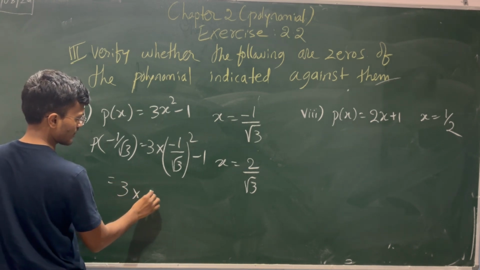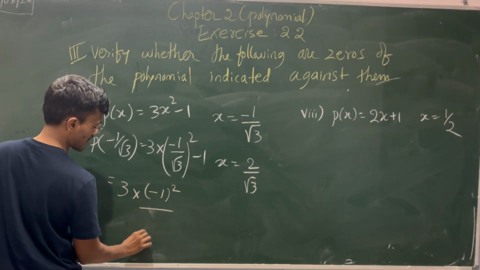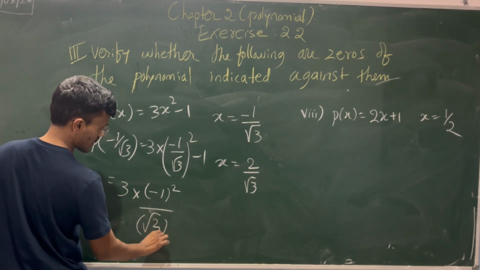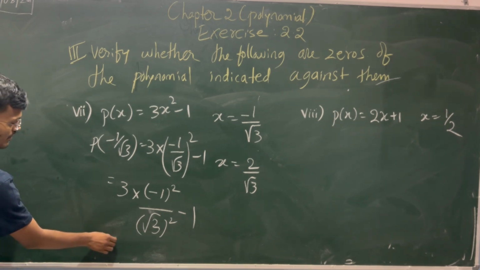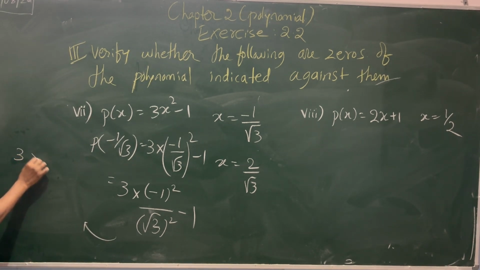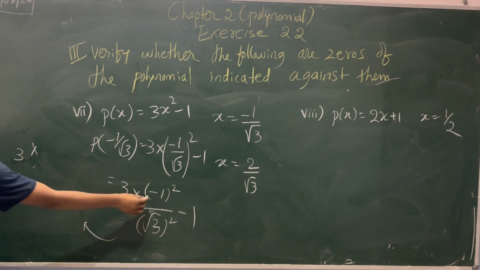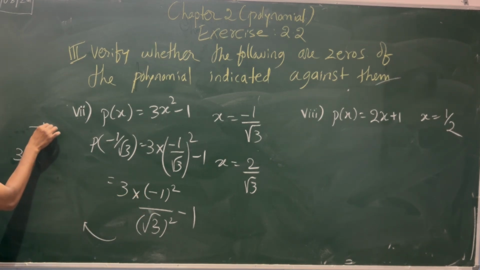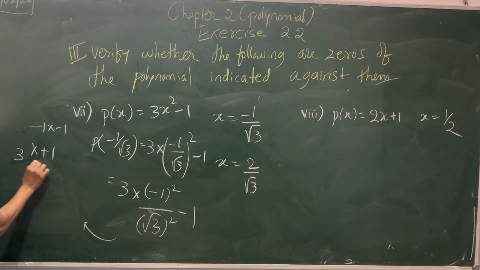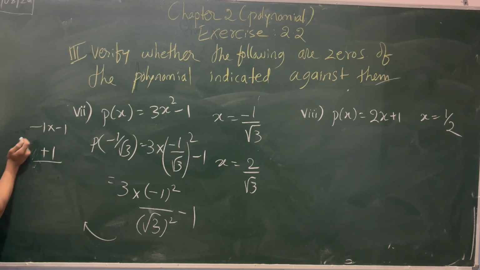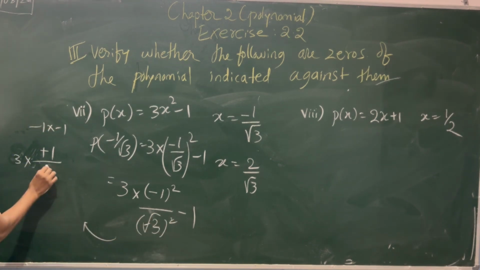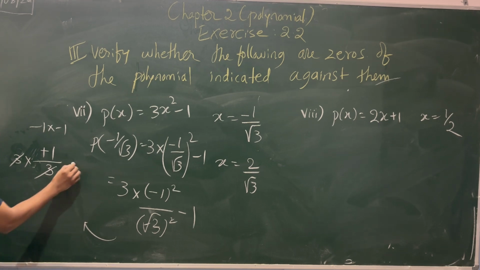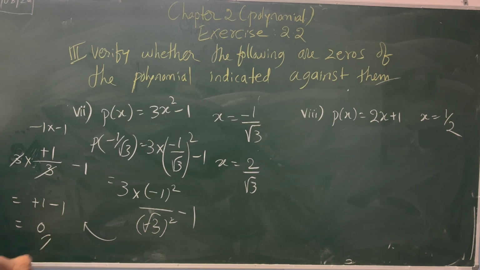So now 3 into minus 1 whole square by root 3 whole square minus 1. So now next here 3 into minus 1 into minus 1, minus 1 into minus 1 is plus 1, divided by root 3 square, 3 cancels, and here there is a minus 1. Plus 1 and minus 1 becomes 0.